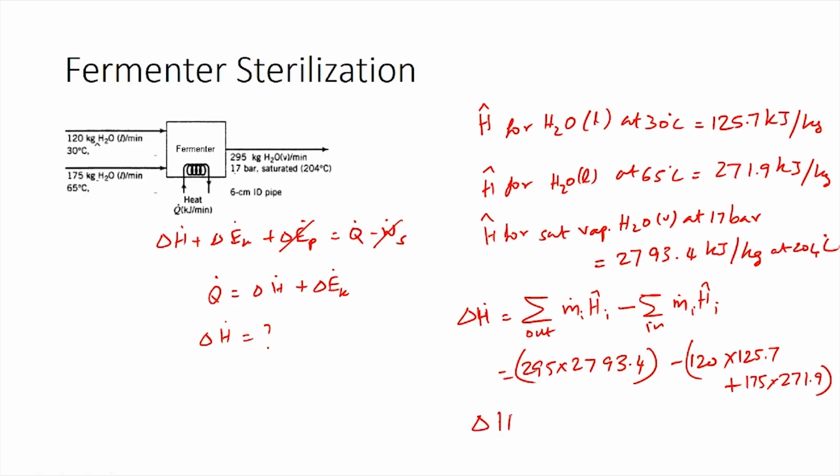So, this value would be delta H dot equals 7.61 times 10 power 5 kilojoules per minute. This gives you the change in enthalpy for the process.